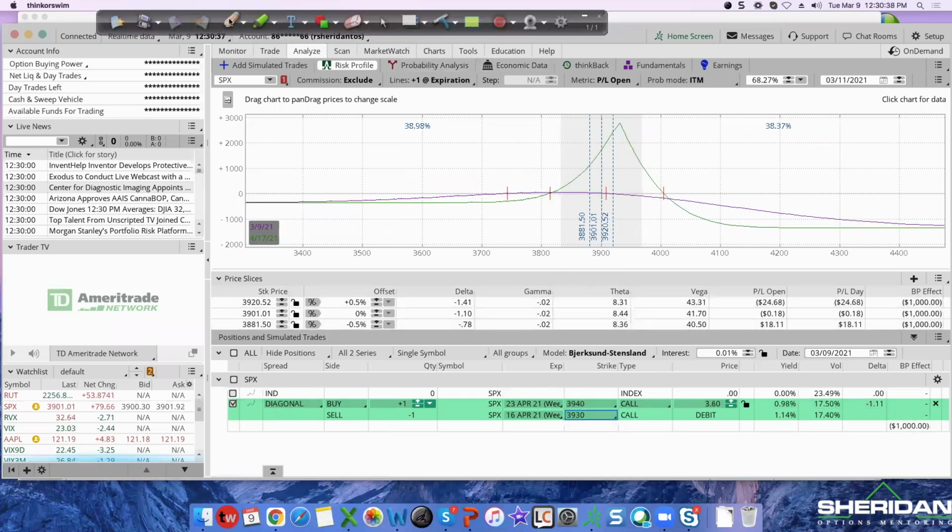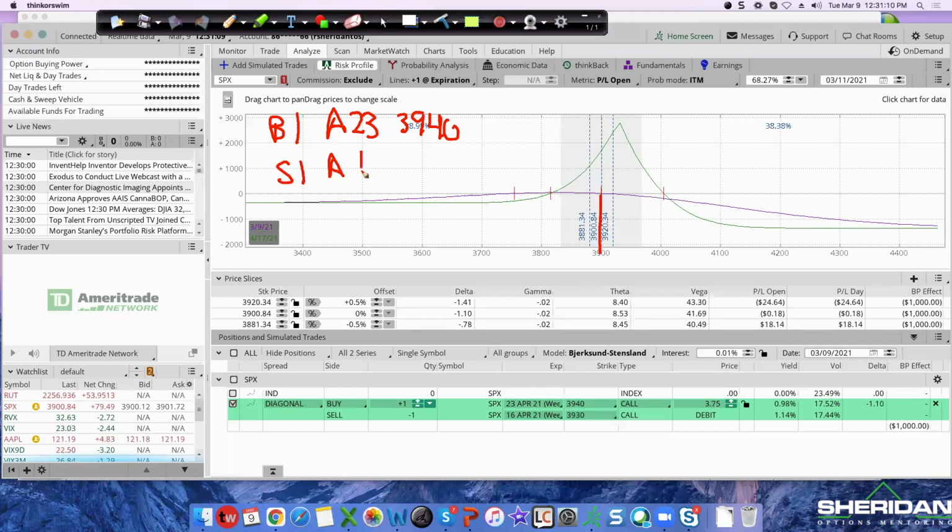You can see here the current underlying is 3,901. We're buying one April 23, 3,940, and we're selling one April 16, 3,930.